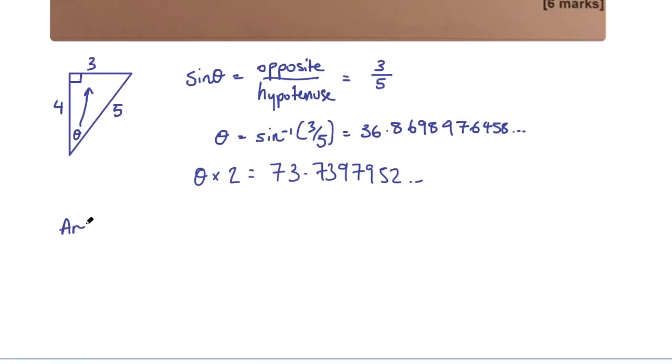So area of sector. Area of the sector equals, and this is what the formula looks like, theta over 360, where theta is any angle, not this angle in here, but any angle, multiplied by pi r squared.